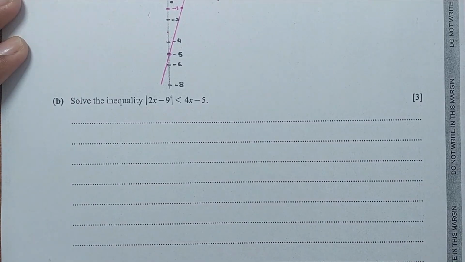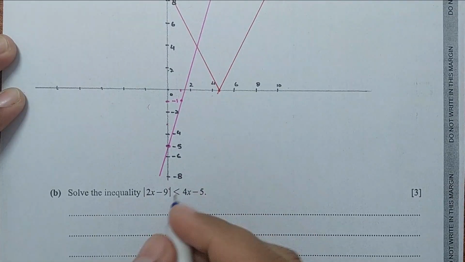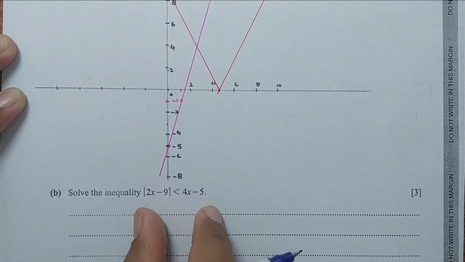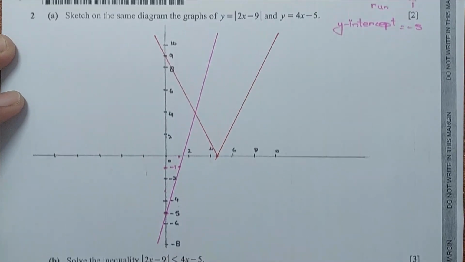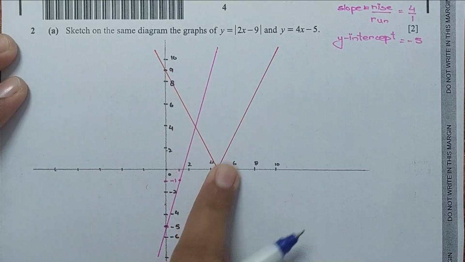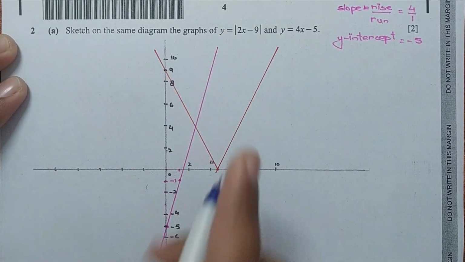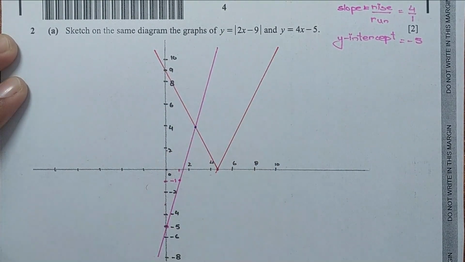Now for part B, solve the inequality when this absolute value is less than 4x minus 5. Alright, so in this question, first we need to find the point of intersection of these two functions, the absolute value function and the linear function. As you can see, this is the absolute value function and this is a linear function. They have only one point of intersection.